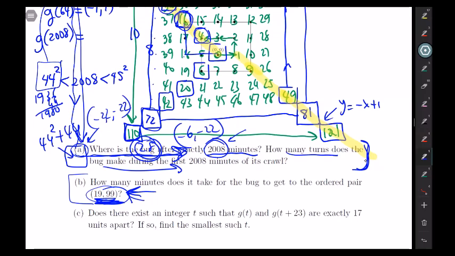So far, at least one person got it. So the answer for part A was minus 6, minus 22. Yes, Henry got it as well. So far we have 2 people who got the answer. Okay, make sure you understand these diagonal patterns.